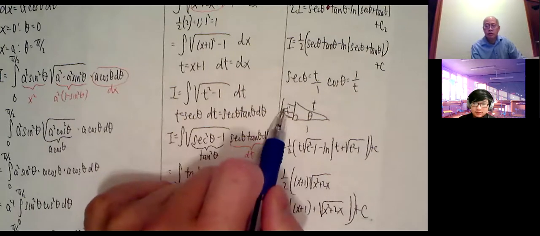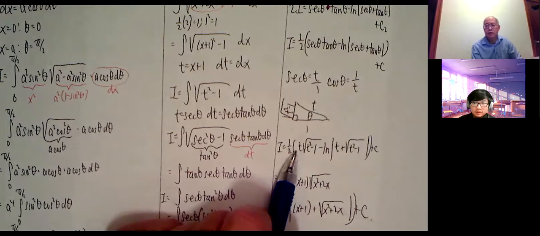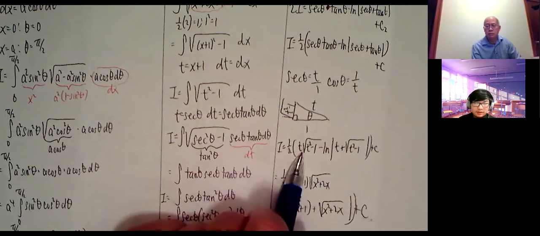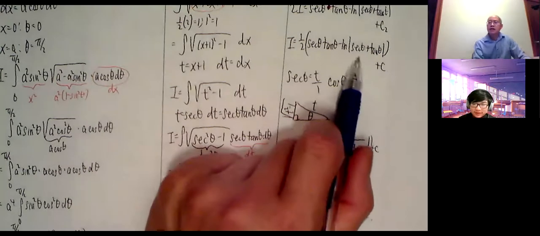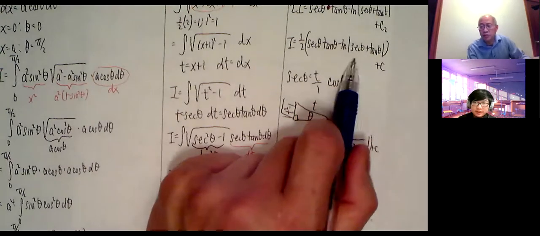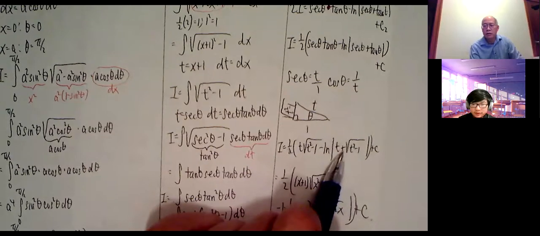So radical t squared minus 1 divided by 1. If you divide by 1, you don't have to put it. So t times radical t squared minus 1, minus natural log absolute value of secant theta plus tangent theta. We just did that. Secant theta was t plus radical t squared minus 1.